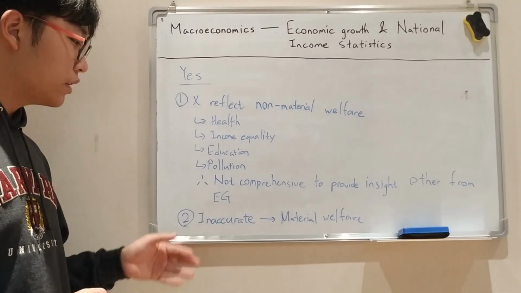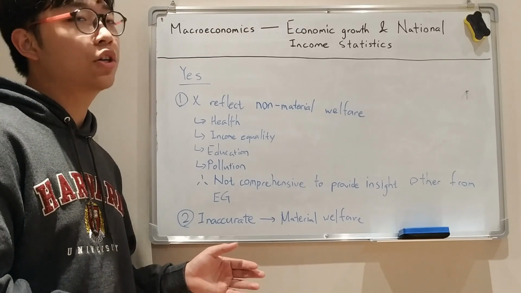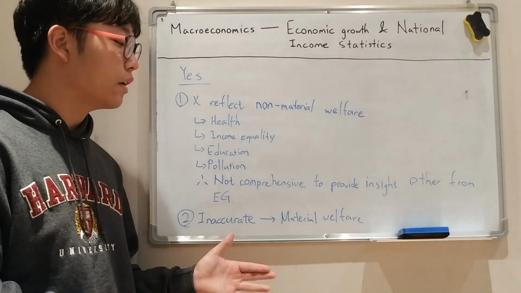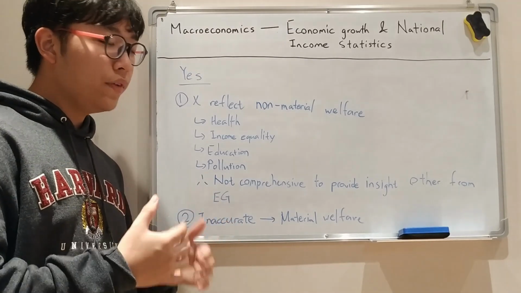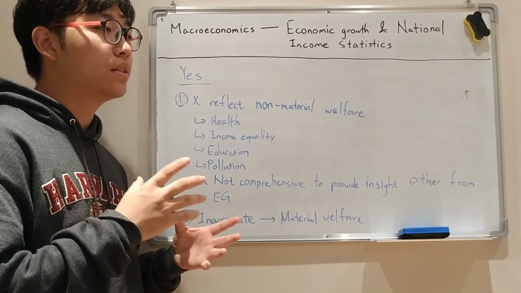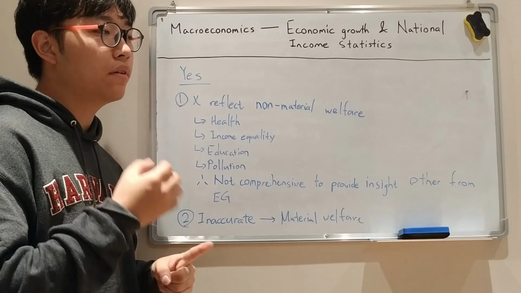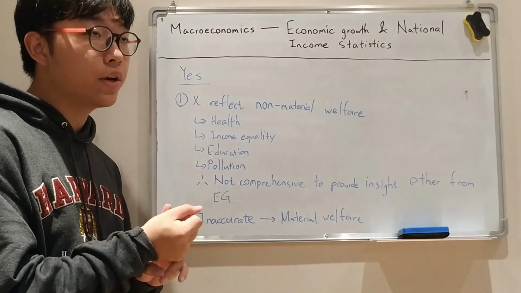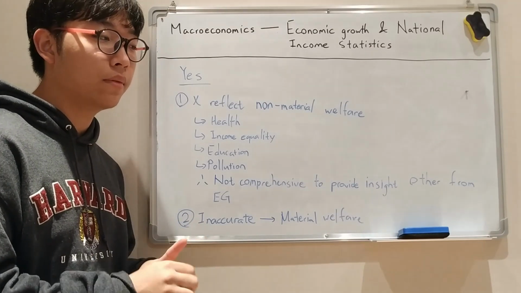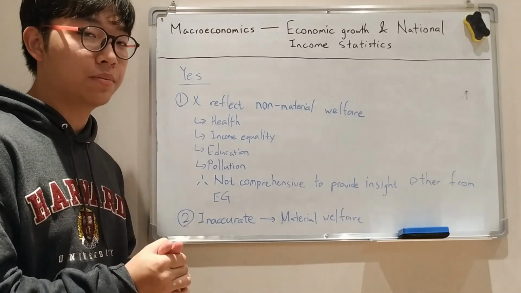Also, you can talk about how the national income statistics could be inaccurate, especially when it comes down to material welfare. Previously it was stated that the standard of living and a sense of material welfare of a country can be given through the national income statistics.